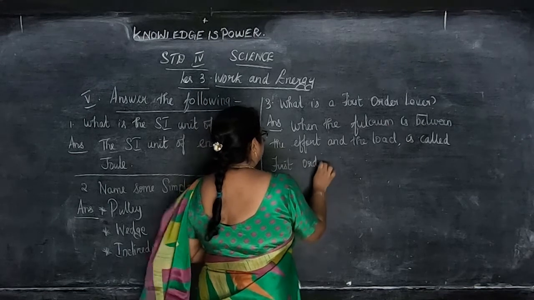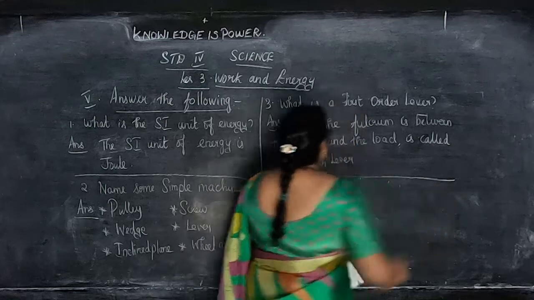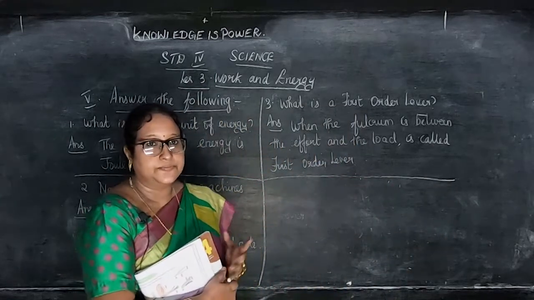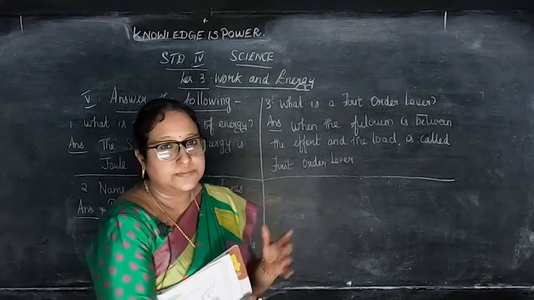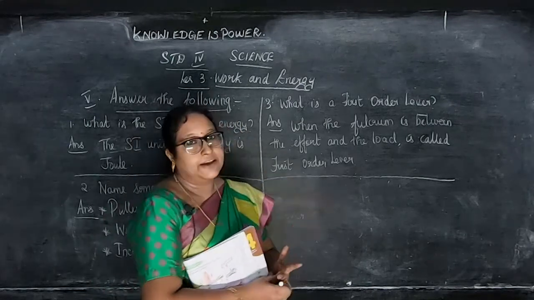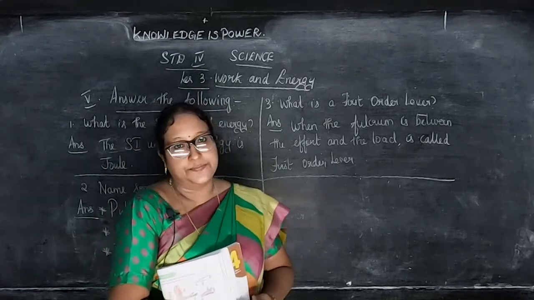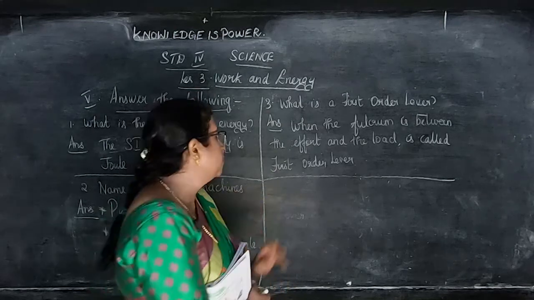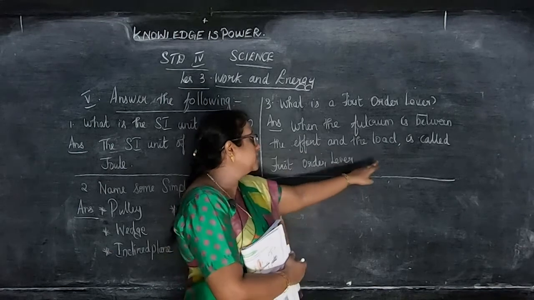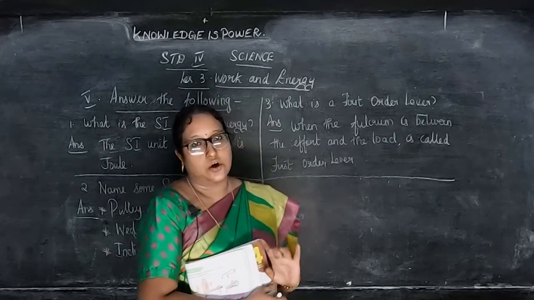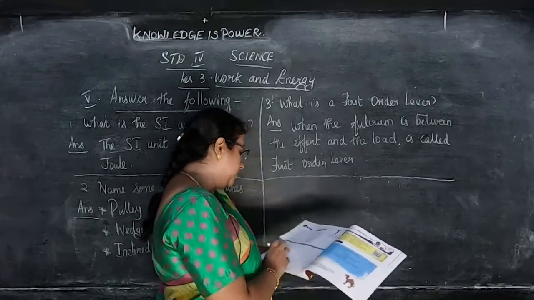First order lever. So take down, children. So what is a first order lever? When the fulcrum is between the effort and the load, it is called a first order lever. Do you understand, children? So when the fulcrum is between the effort and the load, it is called a first order lever. Then next question.